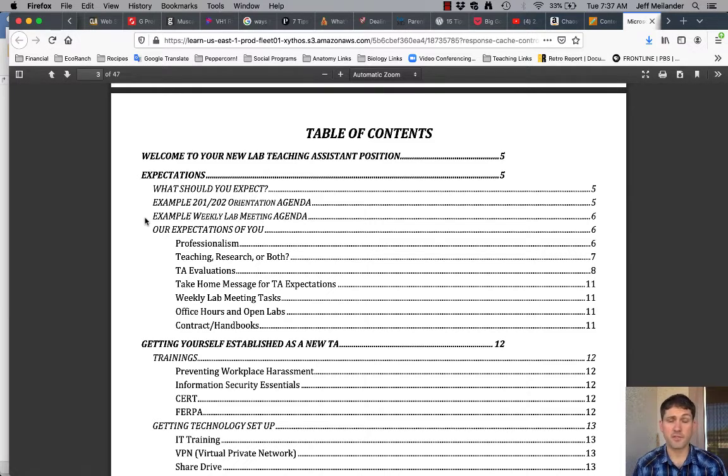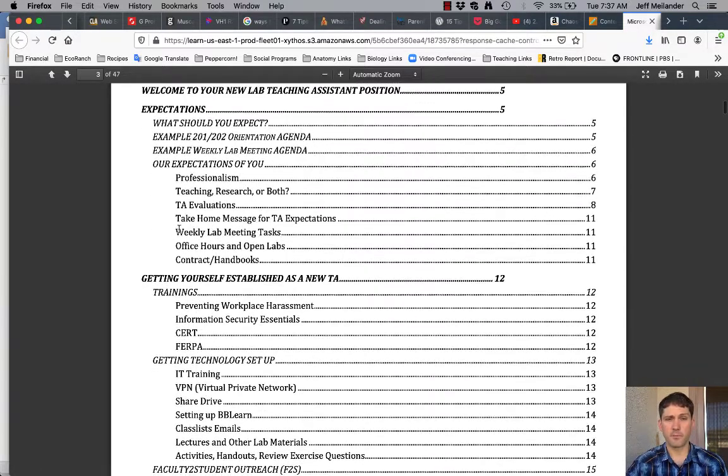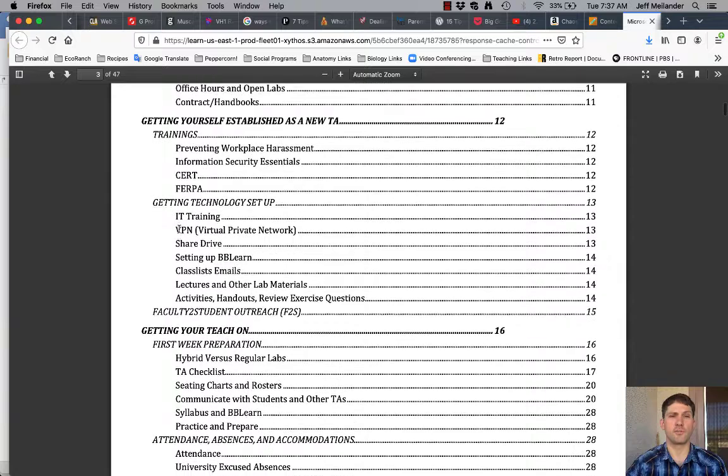Your TA position, it's really nice. It pays you, it gets you a tuition waiver. So this is here to help you and give you an outline of what to expect before you show up and start teaching. We've got some agendas and lab meeting examples here, and then some narratives about what we expect from you as a TA. So please read through that and bring any questions to your orientation.